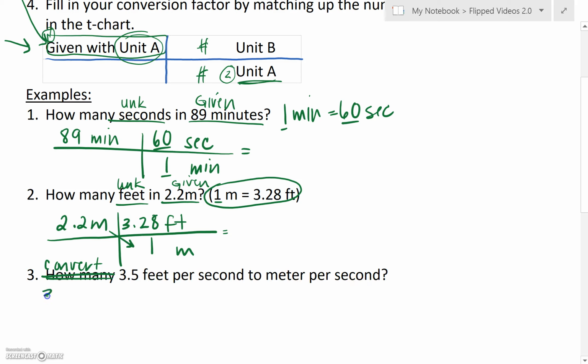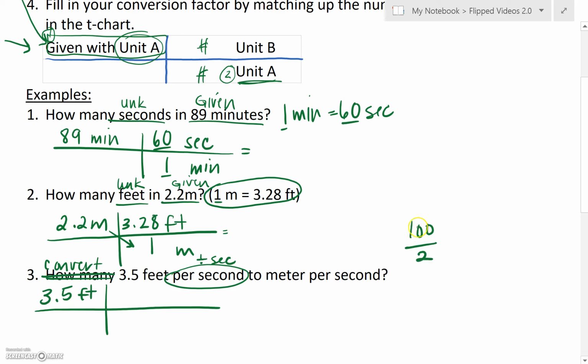So now I'm going to put 3.5 feet. Now notice how it says per second. Anytime you see something that's per second, that really just means divided by second. The way that we can show divided by is also by putting it underneath. Sometimes you've seen people write 100 divided by 2 as a fraction, and it's the same thing.